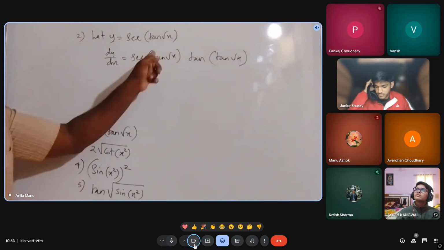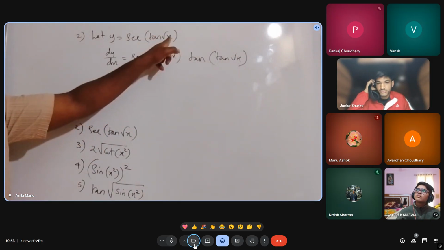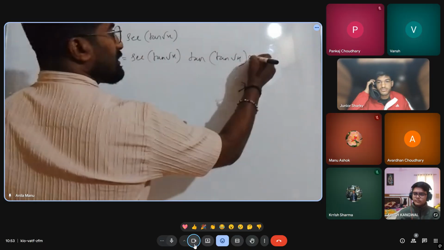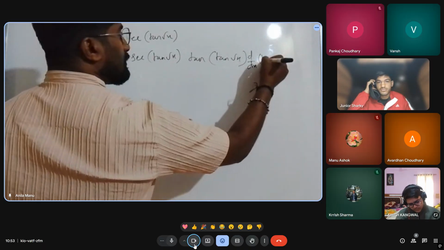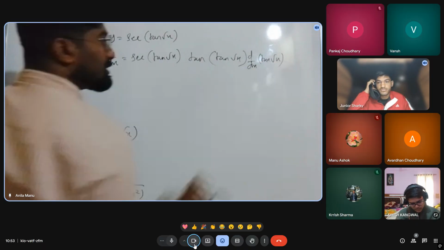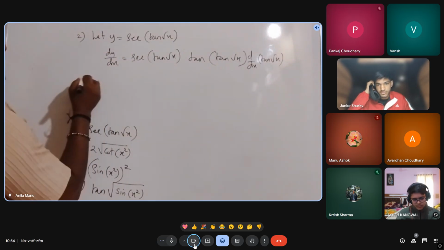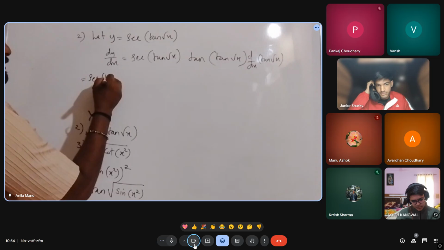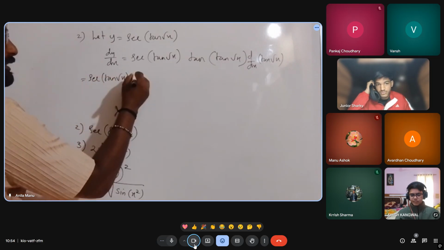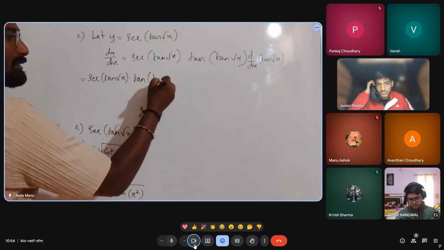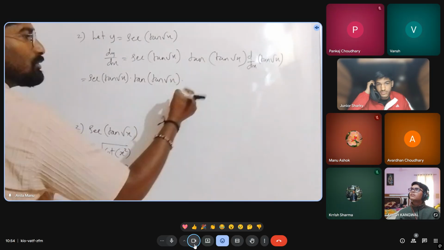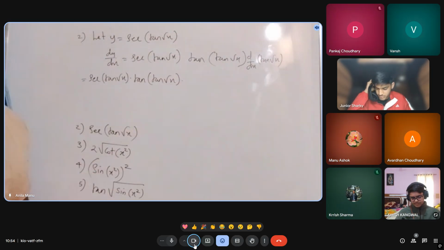Now, we did not differentiate tan here, so differentiate tan. That is d by dx of tan root x. In the second step, we differentiate that function, which is sec of tan root x into tan of tan root x into derivative of tan x. What is derivative of tan x?